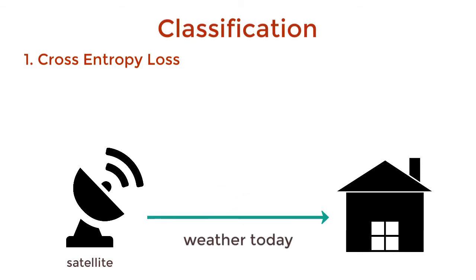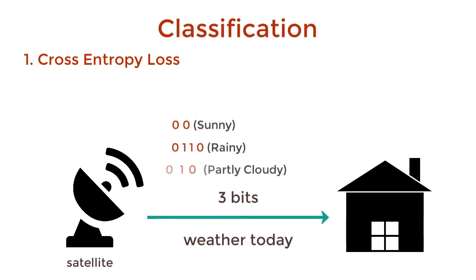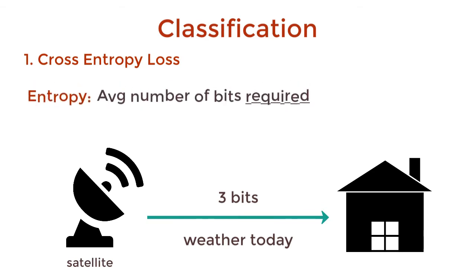In its best case, say this information can be packed in as low as 3 bits on average. 2 bits for sunny, 4 bits for a rainy day, 3 bits for a partly cloudy day, and so on. The entropy of a distribution is the average number of bits required to convey a piece of information, like today's weather in this case. So the entropy in this example is 3 bits.